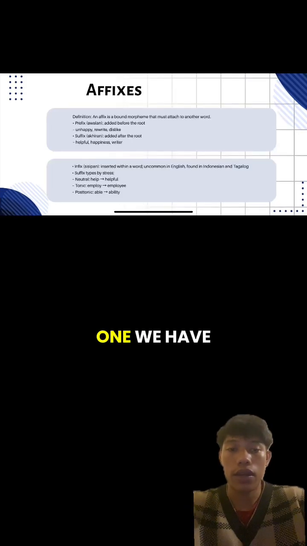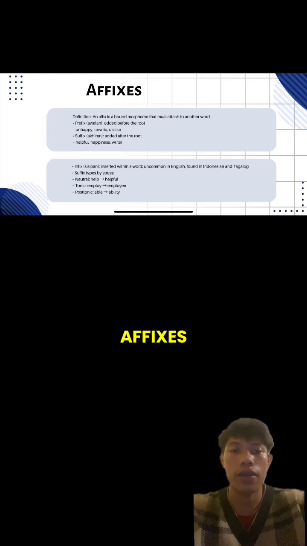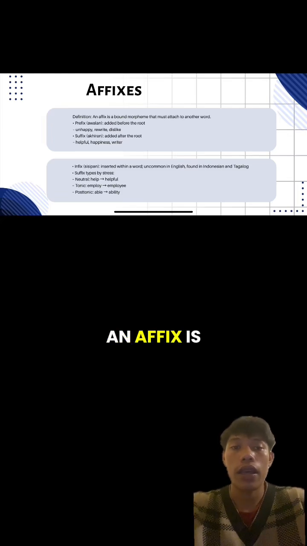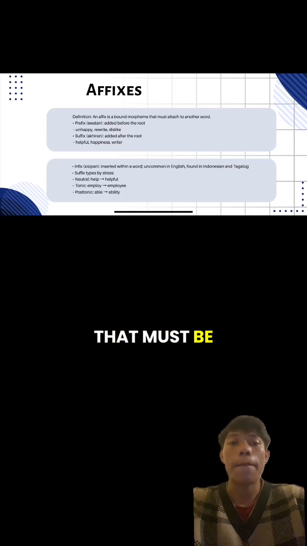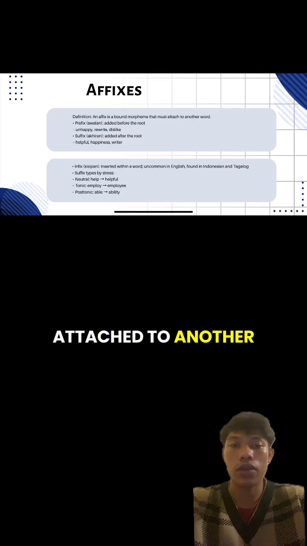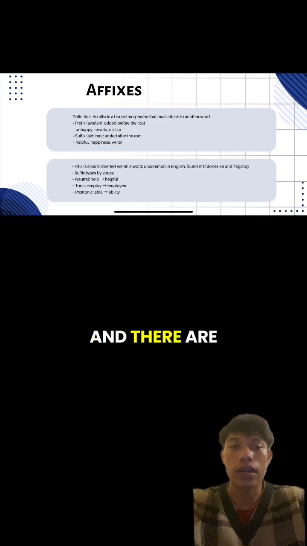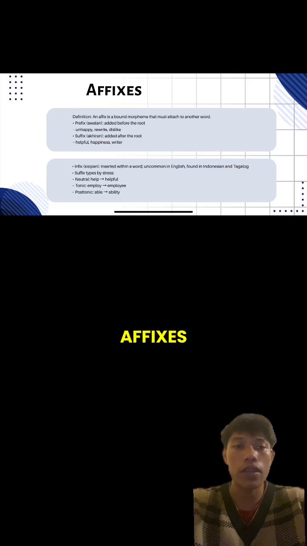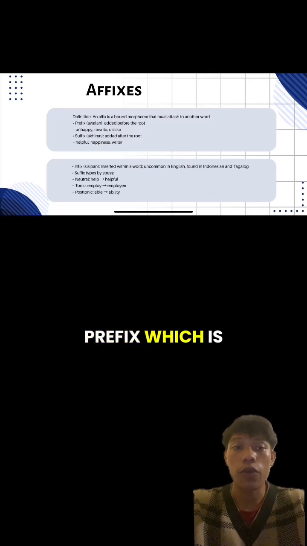Right, the next one we have is affixes. An affix is a bound morpheme that must be attached to another word. And there are three types of affixes. First is the prefix, which is added before the base.